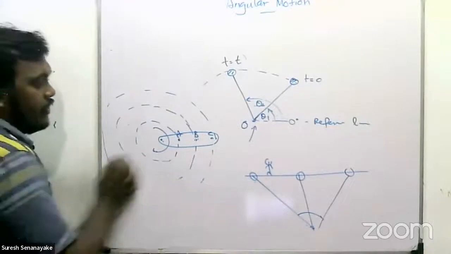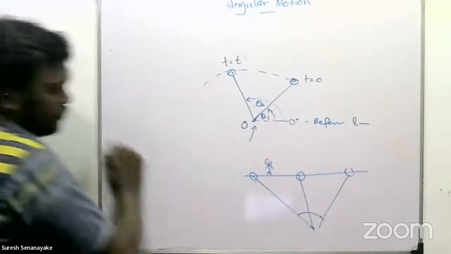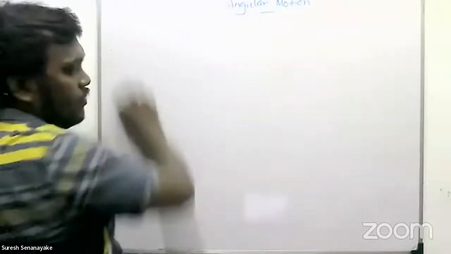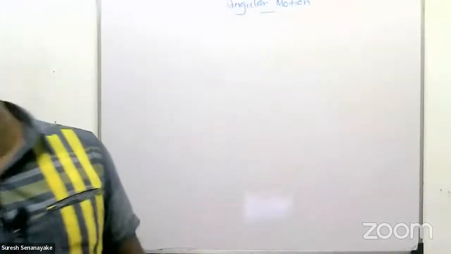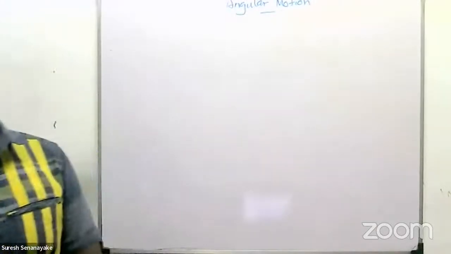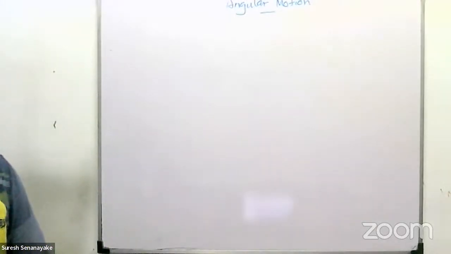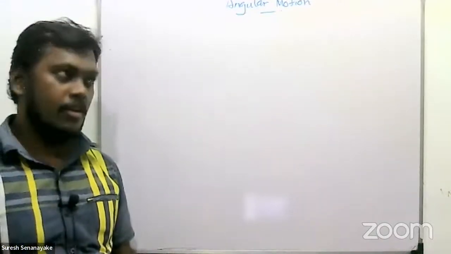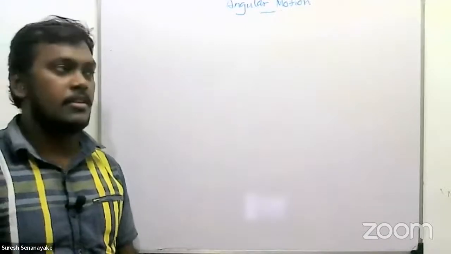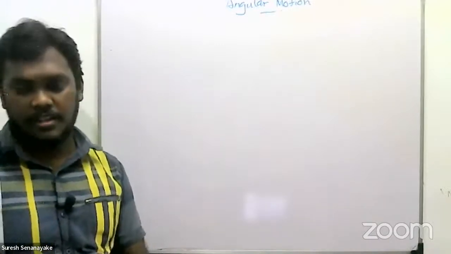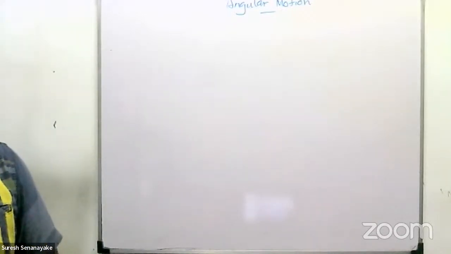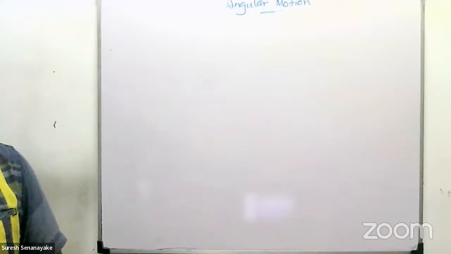That's an example. Then also the Earth is orbiting around the sun. Another example, the Earth orbiting around the sun. We also consider it as angular motion.